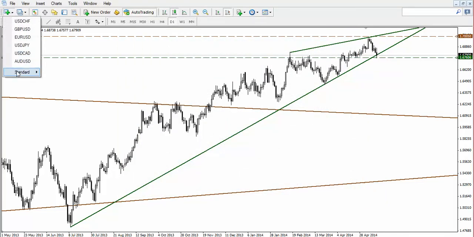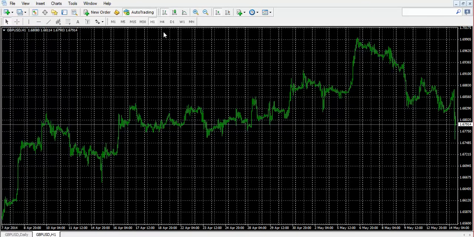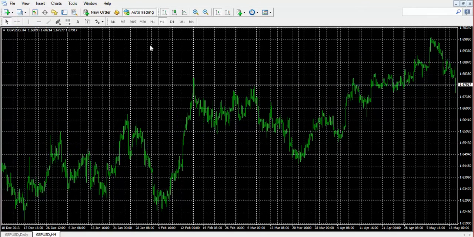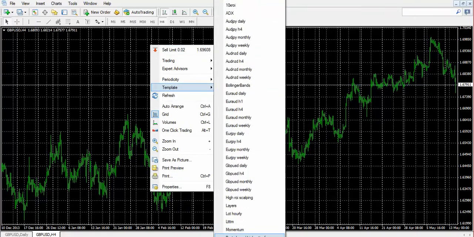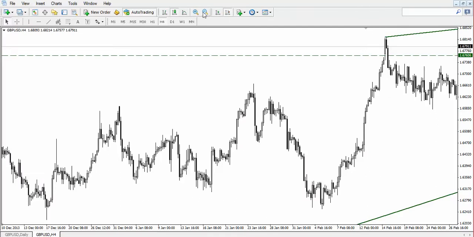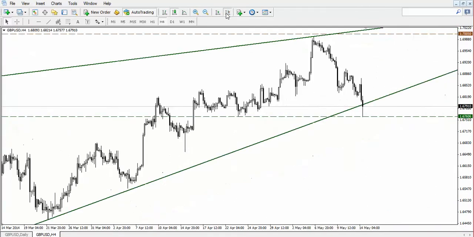And we'll open up a new chart for looking for our entries. So go into the 4 hour and add on the template I just saved, which is there. So let's have a wee look at my entries.